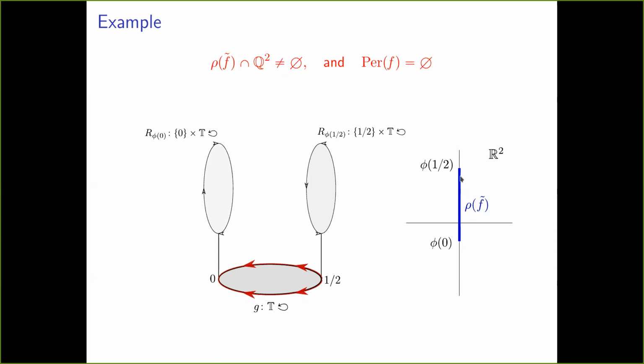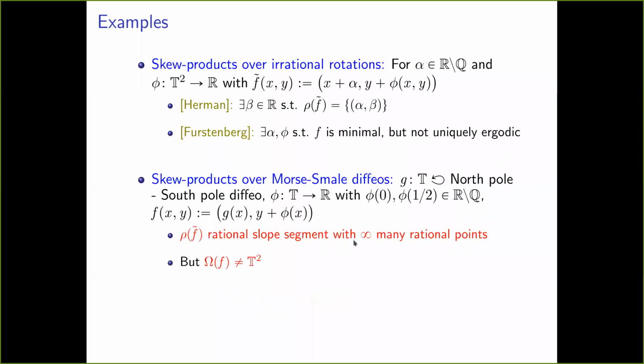So this is the new example in the case of a periodic point-free homeomorphism with a rotation set which is not just a point. This is an interesting phenomenon that I mentioned before.